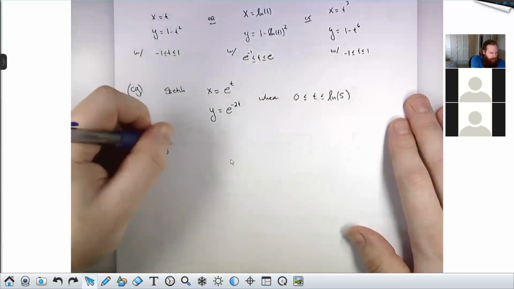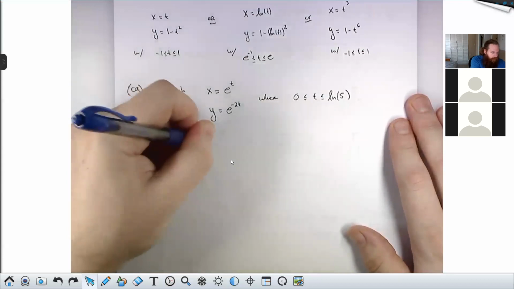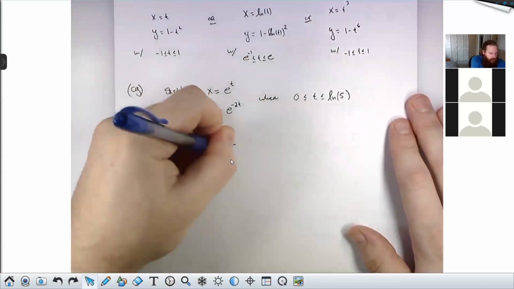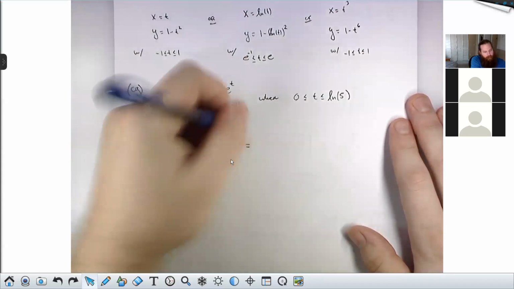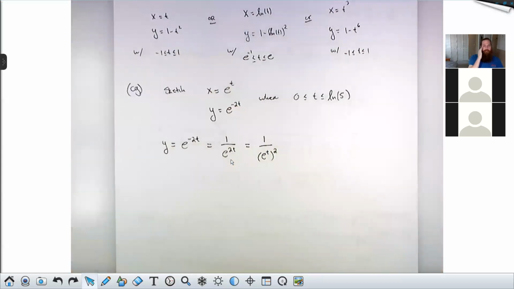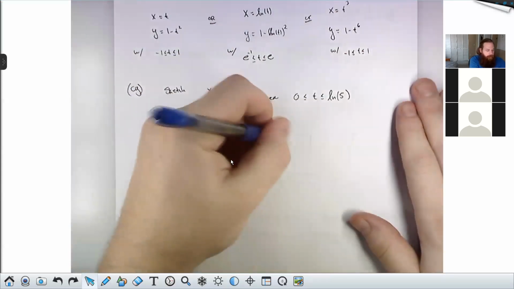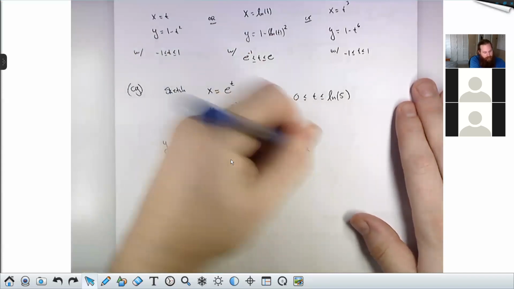So here what I see is that y is e to the negative 2t, which is the same as 1 over e to the 2t. And e to the 2t is the same as e to the t squared like this. So that's 1 over x squared, because x is e to the t.